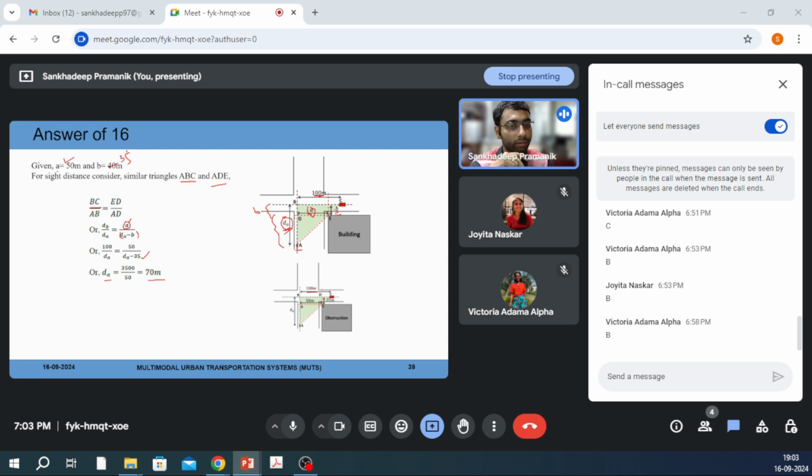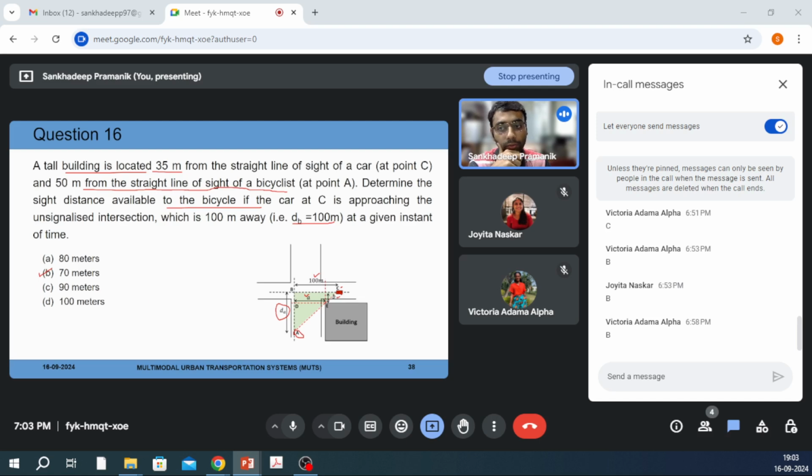So this one is 100 meter, this one is 50 meter, and dA we need to calculate, and this distance is total dA minus 35. 35 is also given, so it will come as 70 meter. Option B will be the correct answer.